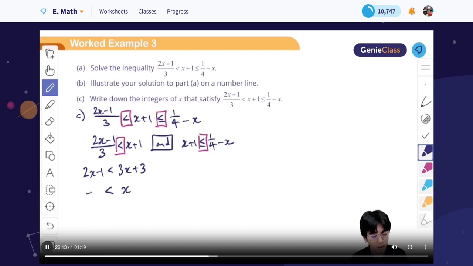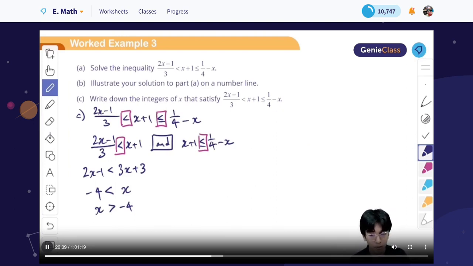I have minus 4. Take note when you write this, make sure that you change it back such that the x is on the left hand side. Always make sure that the x is on the left hand side. So take note that the inequality will flip as well. We are just reversing the whole inequality.